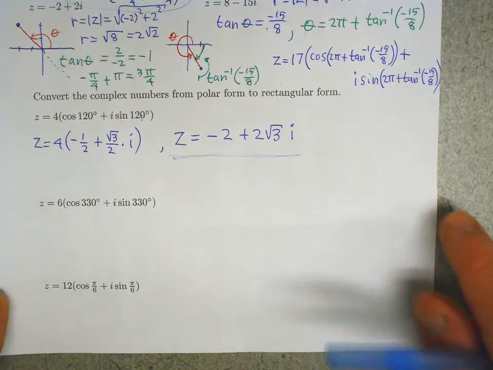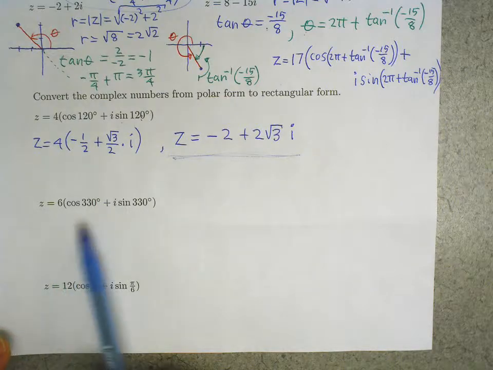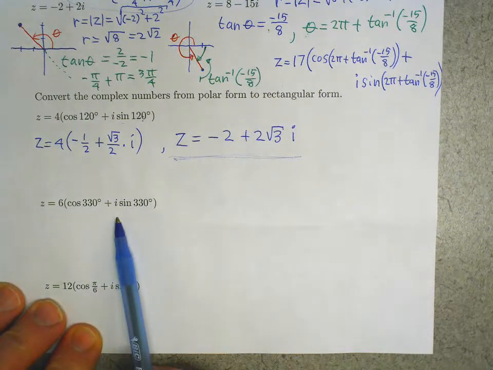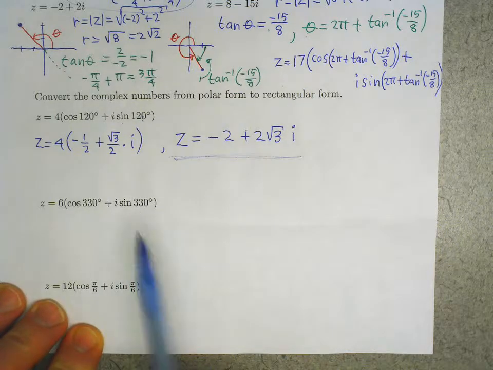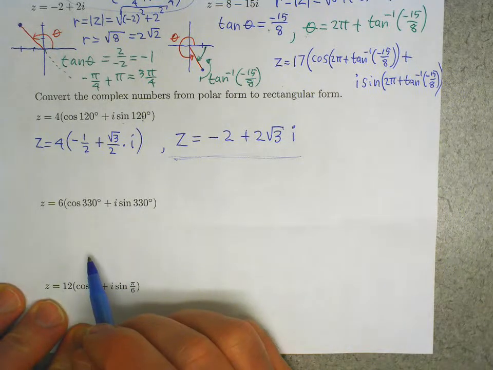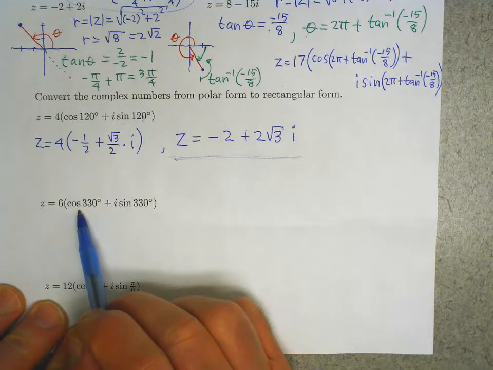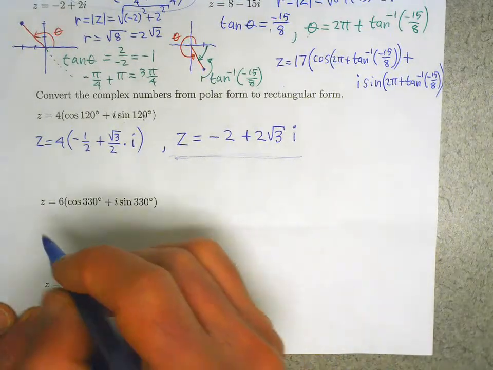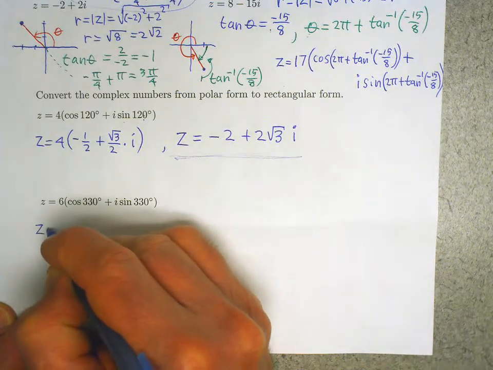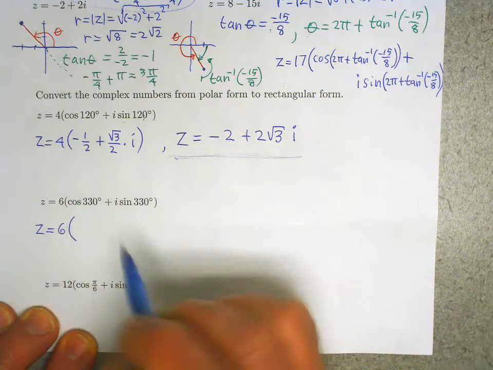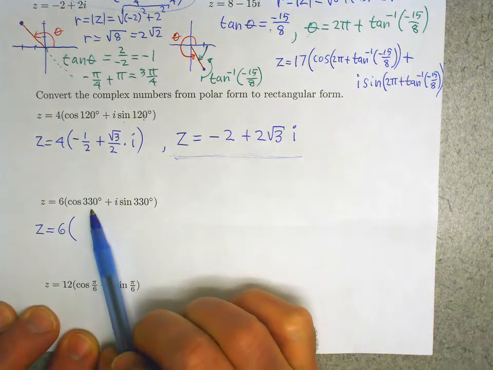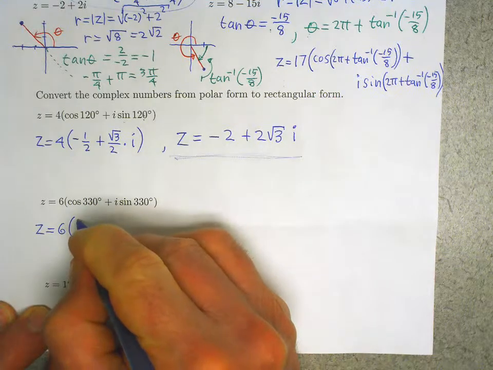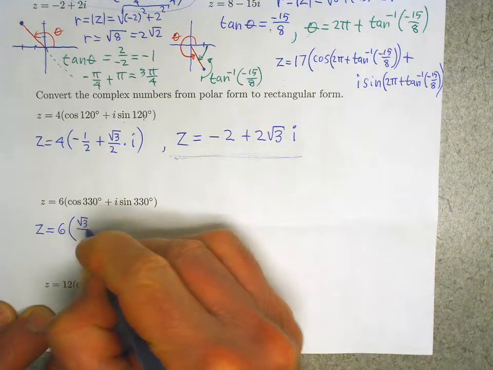Okay, the next one, 6 times the cosine of 330 degrees plus i times the sine of 330 degrees. 330 degrees is in the fourth quadrant. Cosine is positive in the fourth quadrant. Cosine of 330 degrees is the square root of 3 over 2.